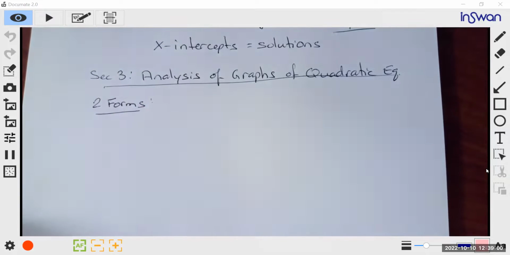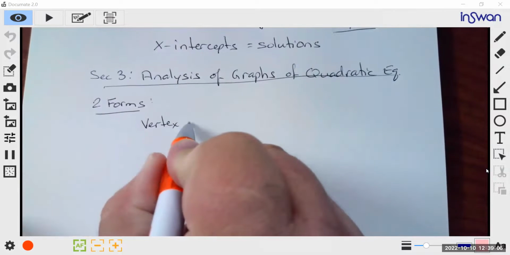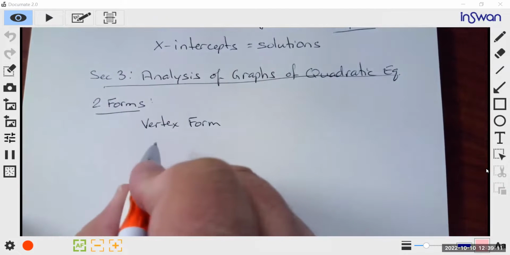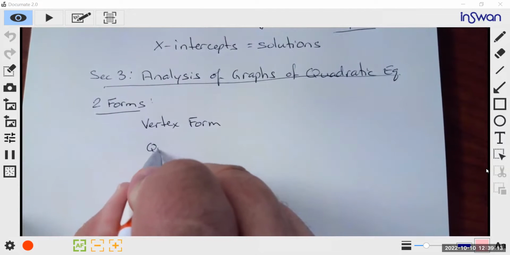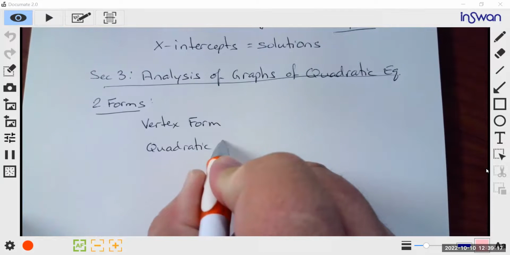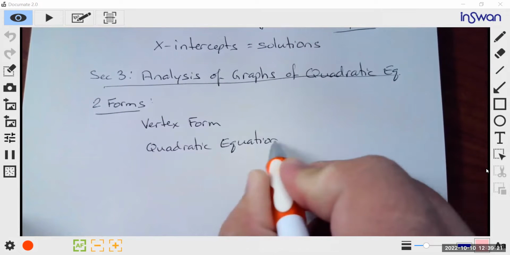We have two forms, or two ways, of determining all this: the vertex form and the quadratic equation form.